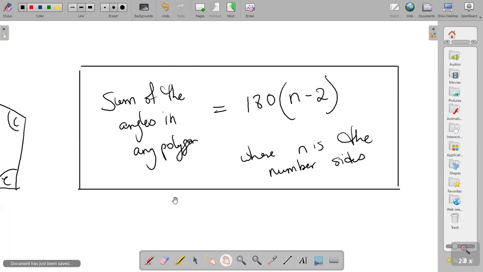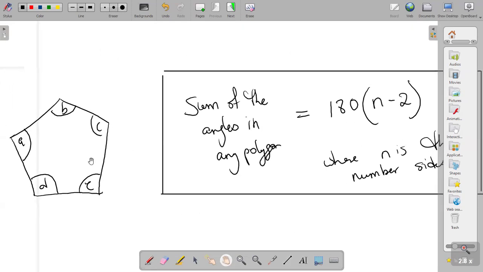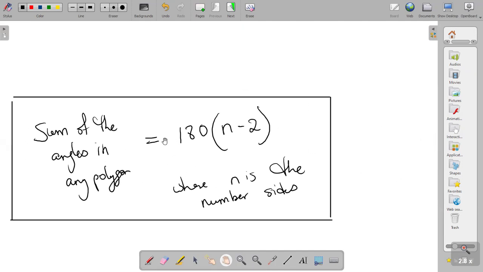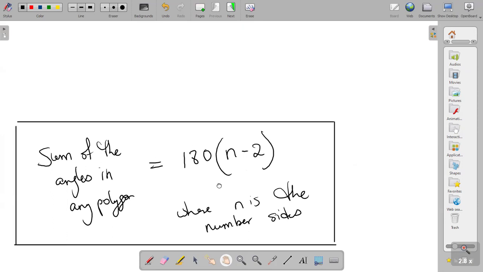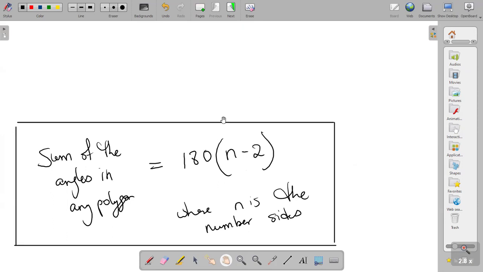So for example, get your calculators in your hand. A pentagon has 5 sides. So somebody tell me what's the sum of the angles in a pentagon? Calculate it for me. Before I do it, let me see if anybody is thinking today. So Carter got 540.